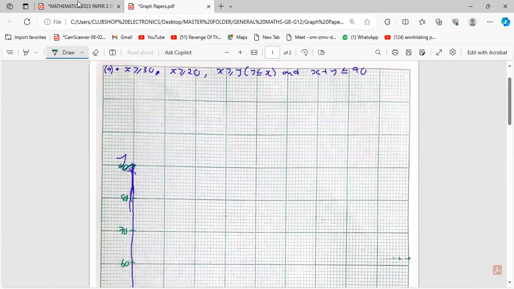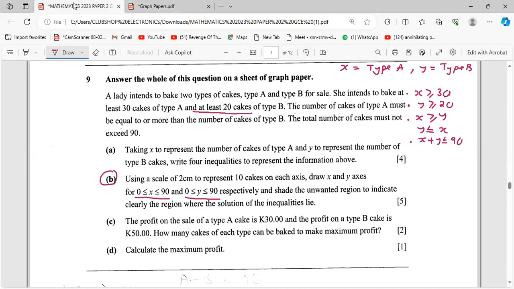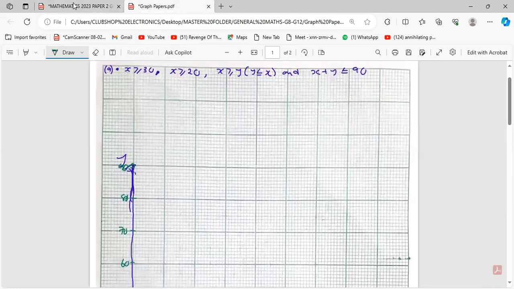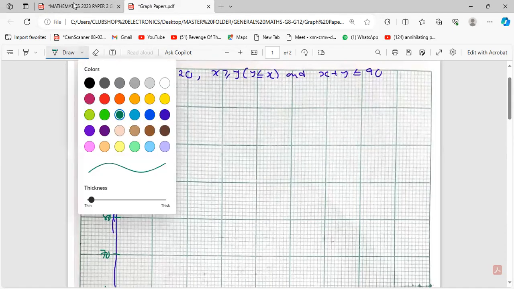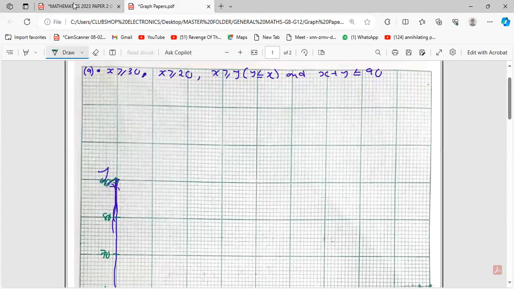So we are dealing with question 2, part B. For part B, we refer to the graph of the inequalities, which is the shaded region.